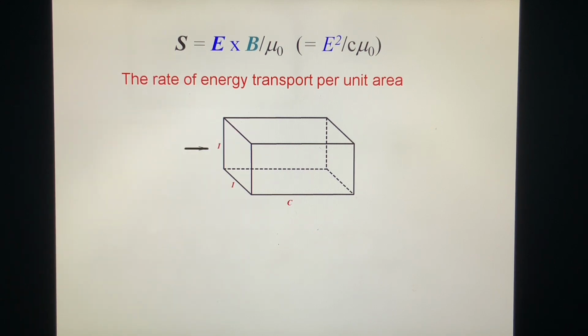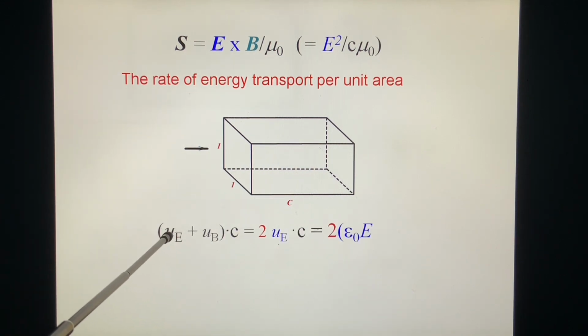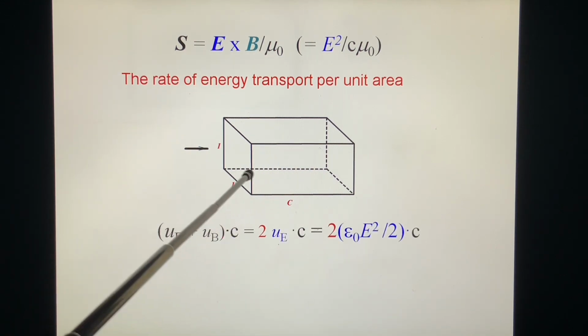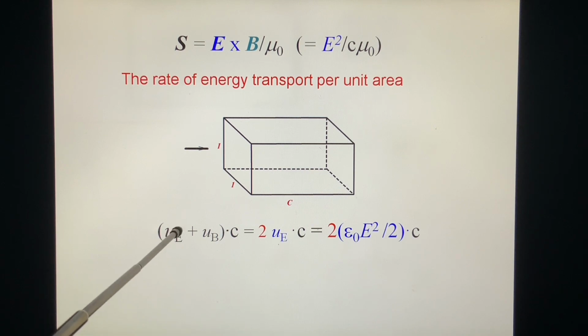Now let's calculate how much energy is stored in this one, in unit volume. You have UE plus UB, and the total volume is 1 times c, which is c. Then we know UE equals UB, so this is UE times 2 times c. What is UE?